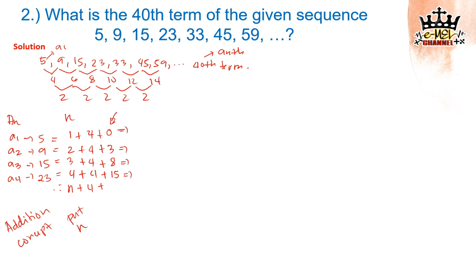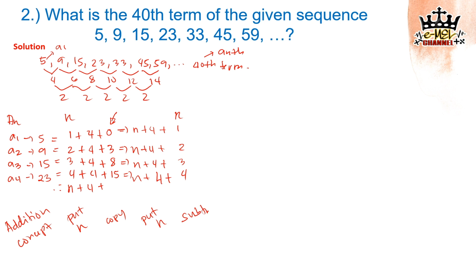Focus your eyes on this column. Then copy. We have n plus 4 plus. Then after this, you need only to put the n: 1, 2, 3, 4.